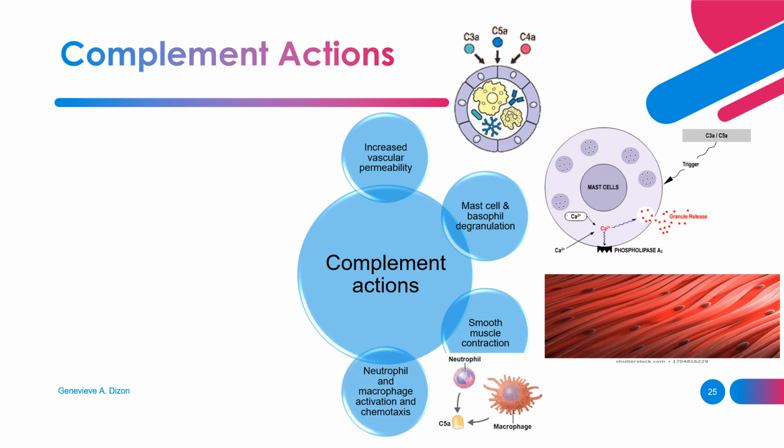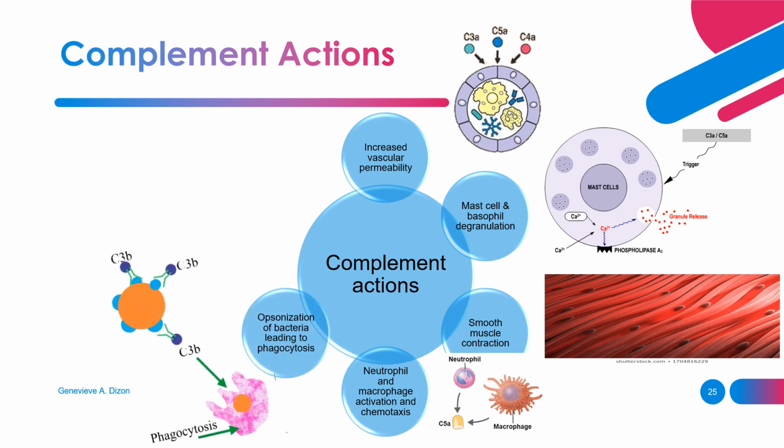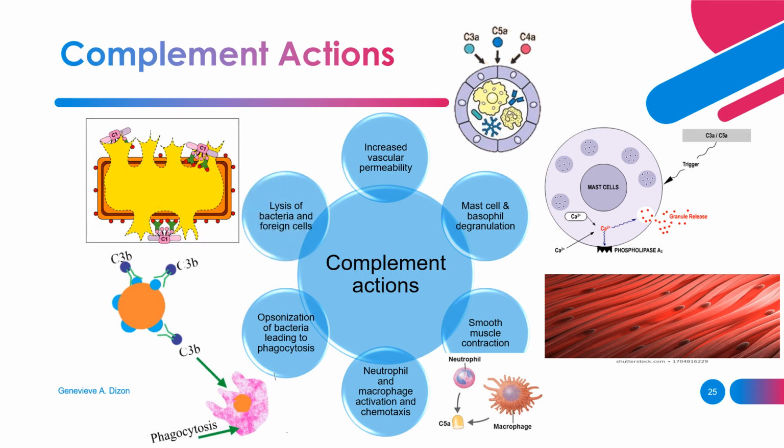C5a acts as a chemotaxin for phagocytes like neutrophils and macrophages, while C3b acts as opsonins for phagocytosis. And lastly, the complement system ends in the lysis of bacteria and foreign cells with the formation of the membrane attack complex.